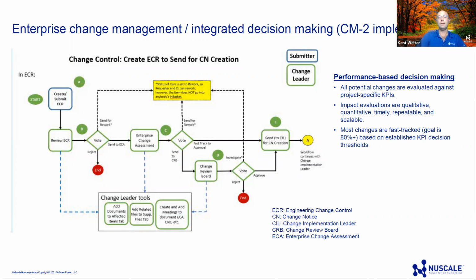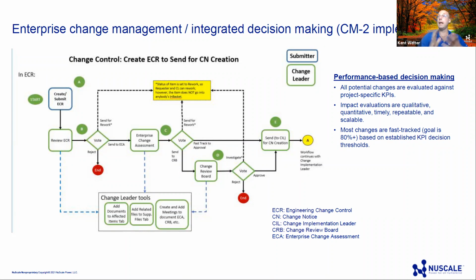That's their first series of questions they evaluate. And if it can, then the change gets implemented, bypasses the change review board, and gets implemented as quickly as practical, following our procedures and practices.